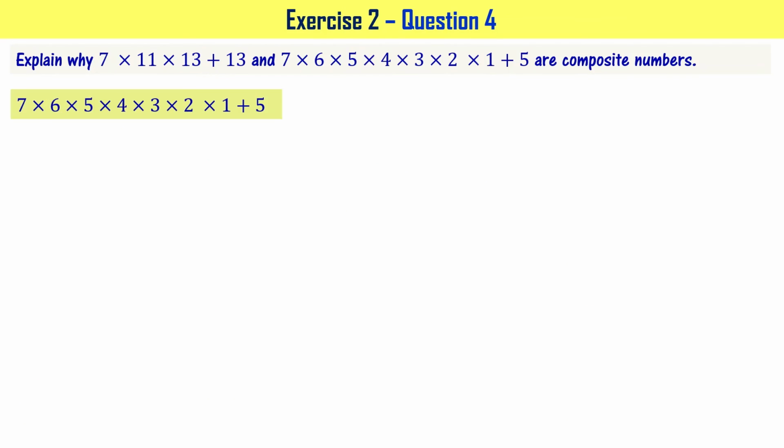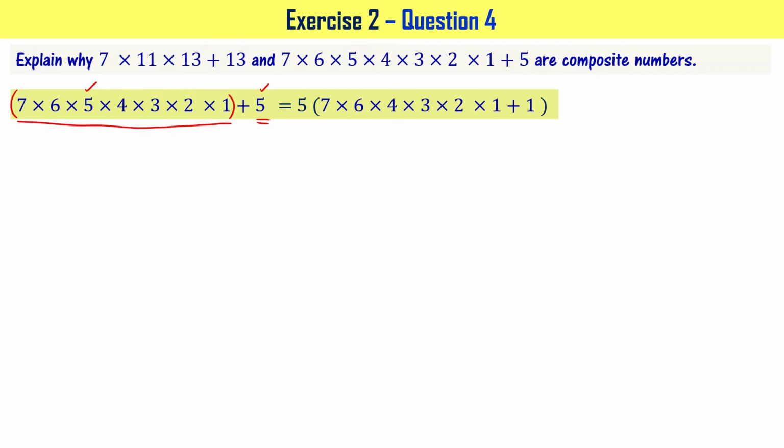The number given is 7 times 6 times 5 times 4 times 3 times 1 plus 5. Look at this. This is one number and we are adding 5 to it, right? Now when you look at this, I have 5 here and 5 here. I can take 5 as the common factor out of these two numbers, right?